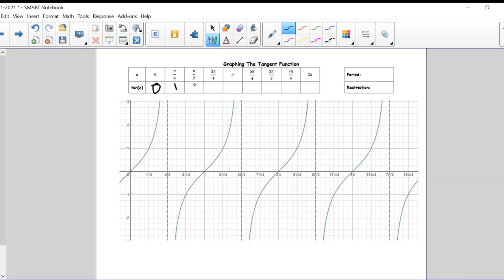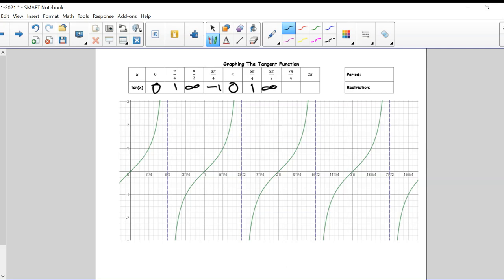The tangent of pi over 2 was undefined, so I'll use that symbol to represent that. The tangent of 3 pi over 4 was minus 1. The tangent of pi was 0. And the tangent of 5 pi over 4 is 1. And the tangent of 3 pi over 2 is also undefined.